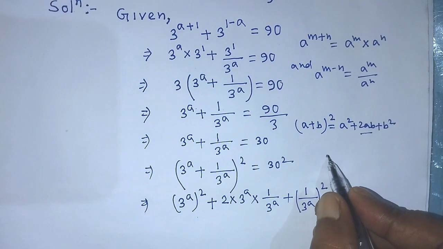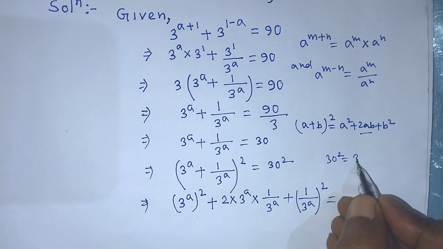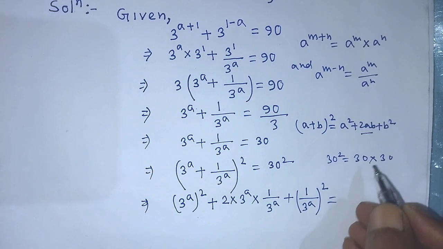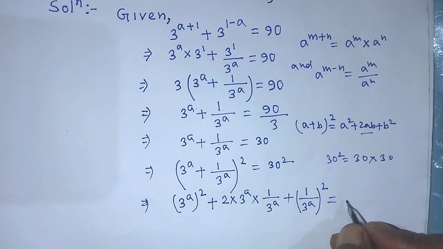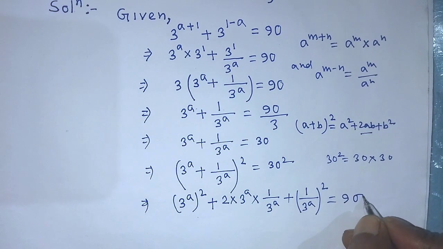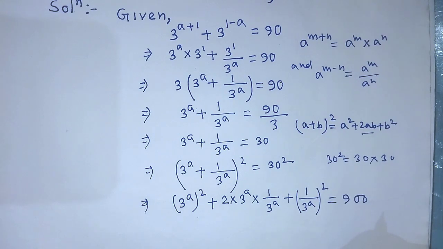So 30 square, that is 30 into 30. So it will be 900. So we have to write 900 on the right hand side of this equation.